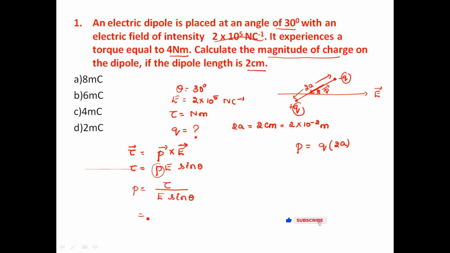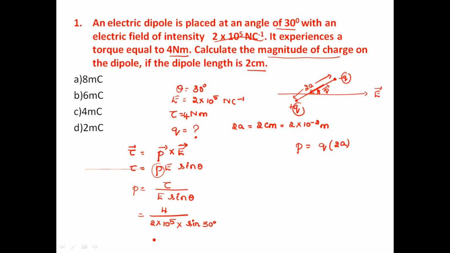What is tau? That is our torque. So torque tau is 4 Newton meter. 4 by electric field intensity here is 2 into 10 to the power of 5, sine of an angle theta, that is sine 30 degree.